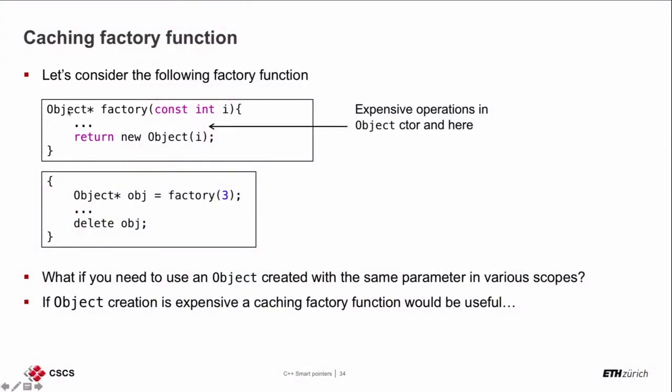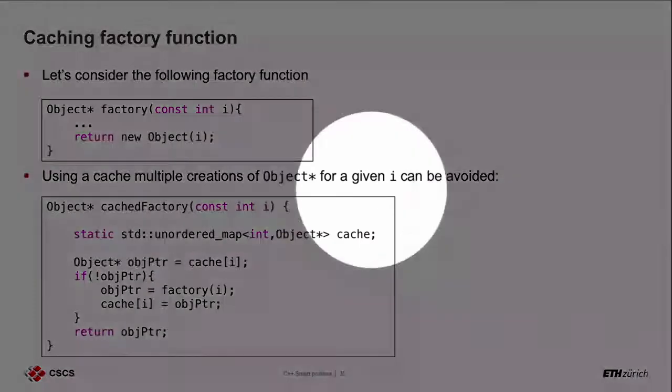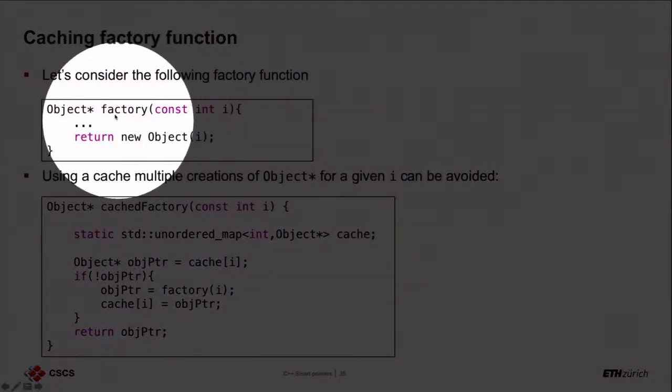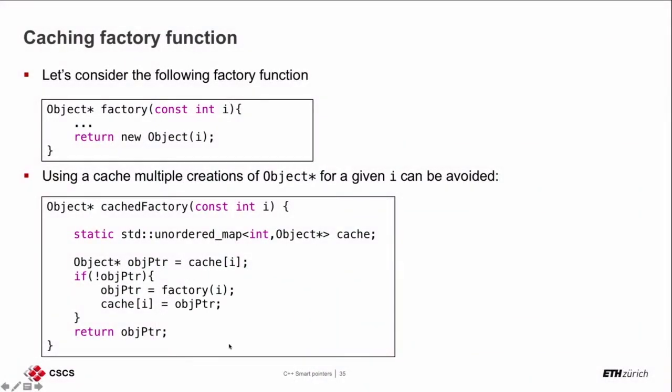The idea is that you can save some computational time making use of a caching system, which means that instead of using this base factory function, you can use an updated version where you have an extra variable.